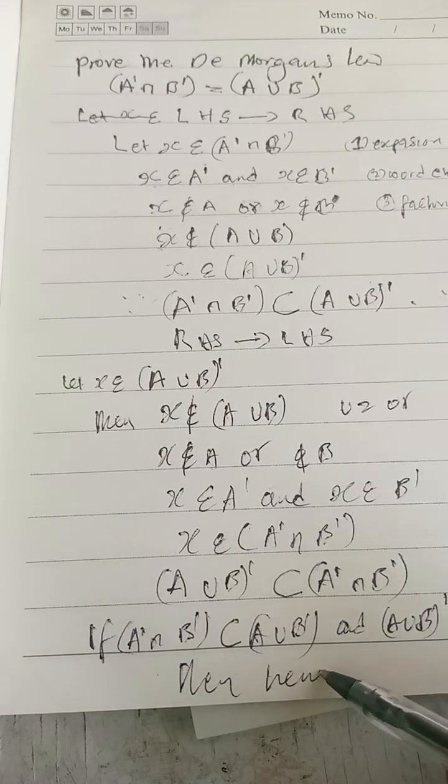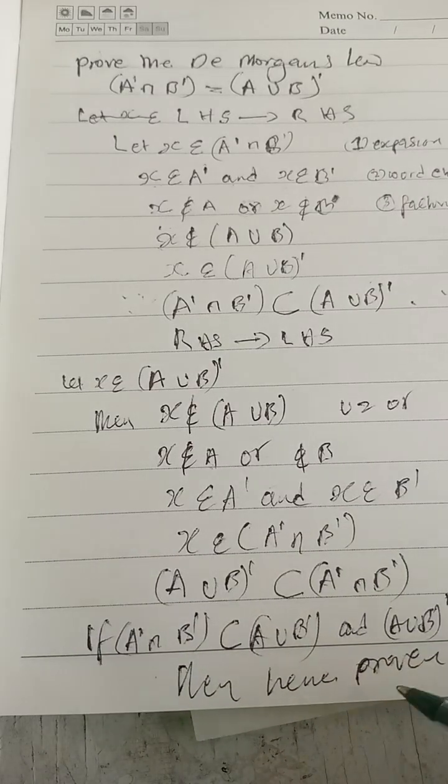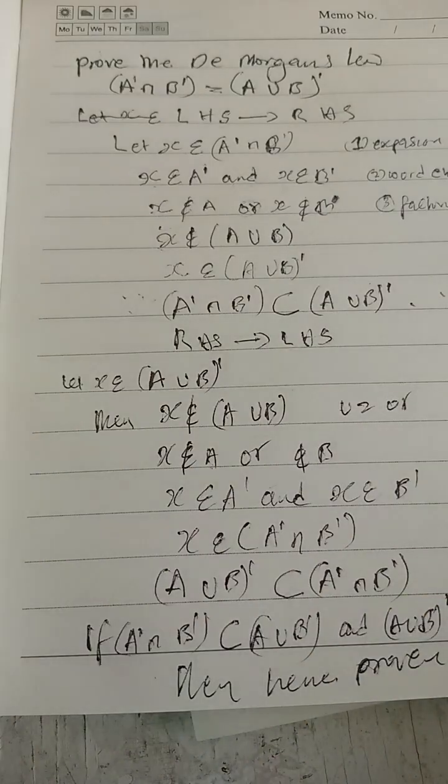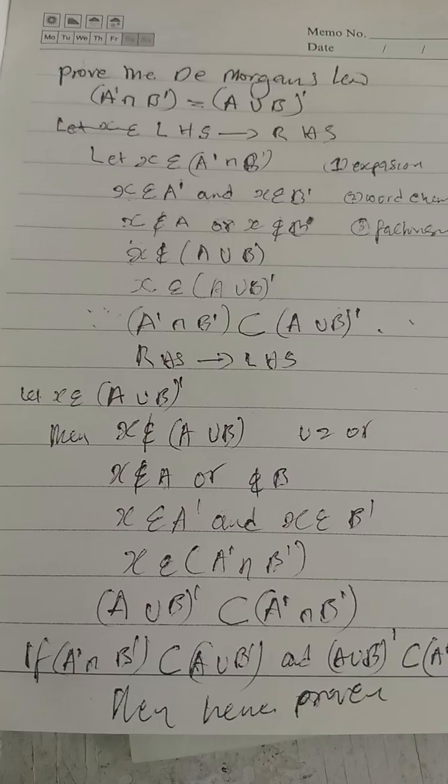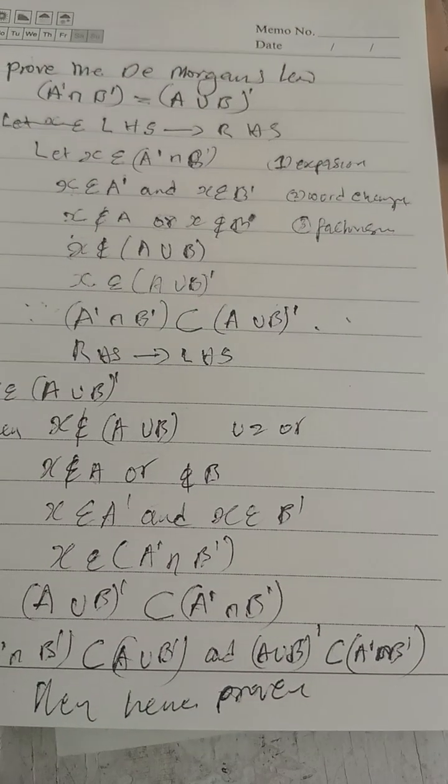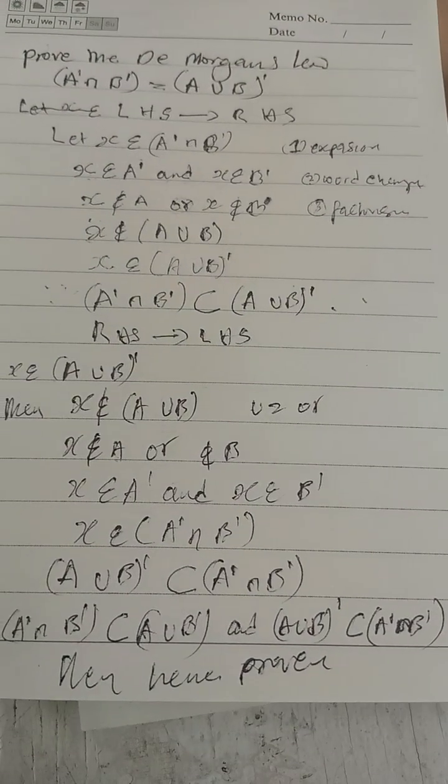Then ends proven. After doing this, it means you have proven De Morgan's law. You have proven De Morgan's law.